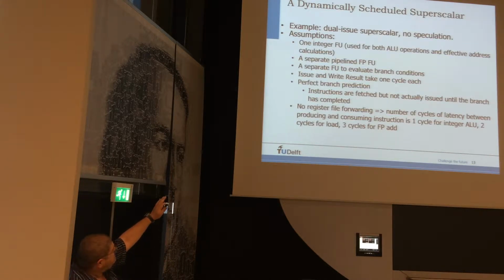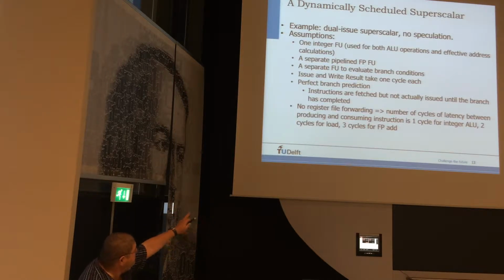There is one integer functional unit, a floating point unit, I have a separate functional unit for branch prediction, issue, a writer, one cycle, perfect branch predictions. I don't have forwarding, and this is the latency for each operation. One cycle ALU, 2 cycles for load, 3 cycles for floating point.